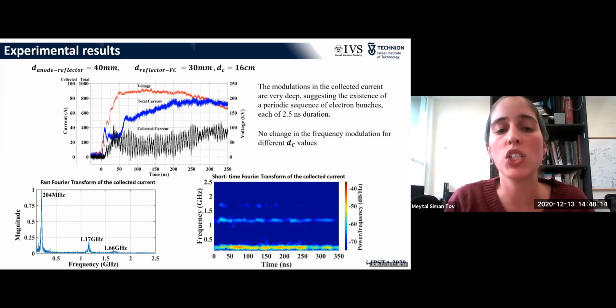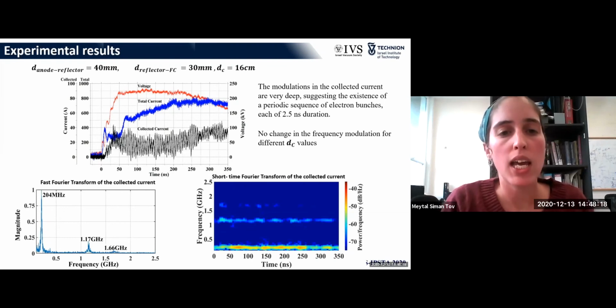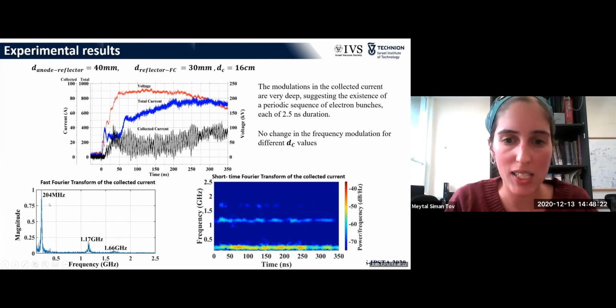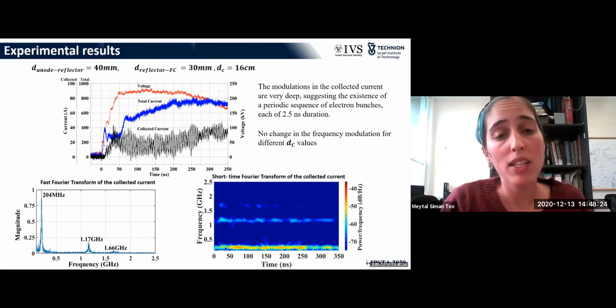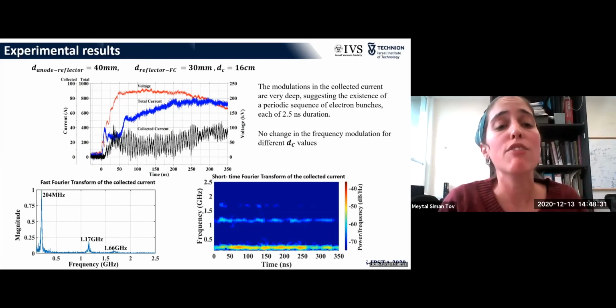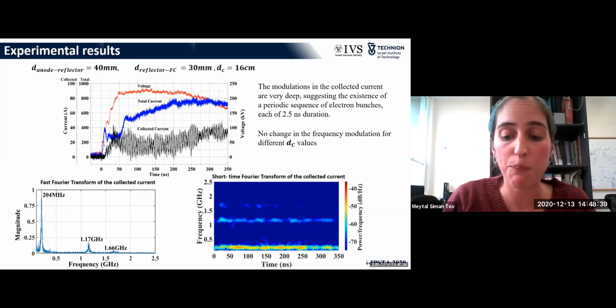Each bunch has a duration of 2.5 nanoseconds. The FFT of this signal gave us a dominant frequency of 204 megahertz. We repeated the experiment for different gaps between the anode and the reflector and Faraday cup, and different cavity lengths, and all the time we get the same dominant frequency for the modulations in the collected current, which is 200 megahertz.